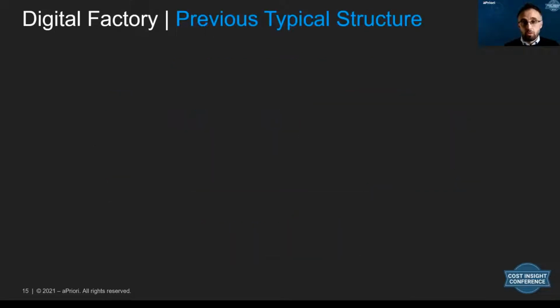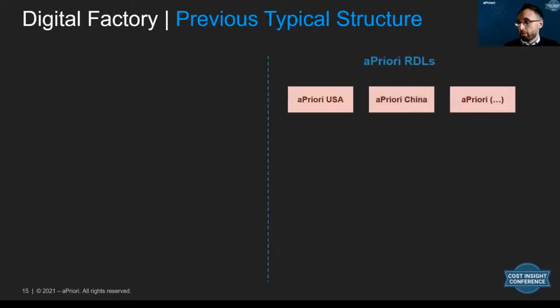So what I'm about to talk through now is how your digital factories may have been typically set up in the past. We start with an aPriori RDL, a regional data library. In fact, it can be any RDL from our range of 79 different regions. We take a version of this to create your own unique cost model template, which contains all of your specific configurations.